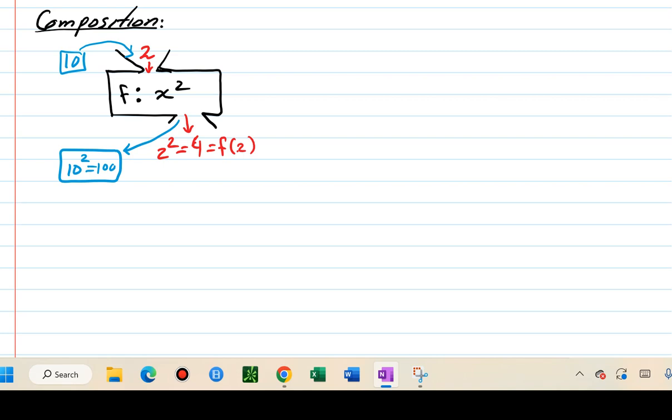Now, we can create a chain of functions. We can compose these functions in a way that the output from the first function is then input into another function. Okay, so this time I'm going to use, let's say, here's my other function.